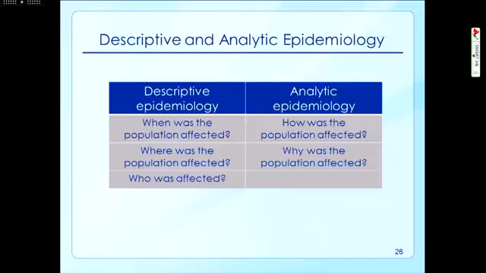From these observations, the epidemiologist can generate a hypothesis about why things really happened. And then to test that hypothesis, epidemiologists must use an analytic process in which they ask how and why the population was affected.